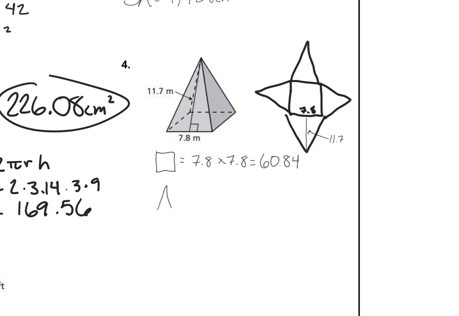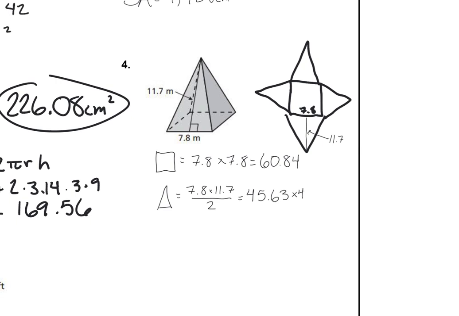For my triangles, I can find the area of one and then just multiply it by 4. This is going to be 7.8 times 11.7 divided by 2. And for one of these triangles, we're going to get 45.63.